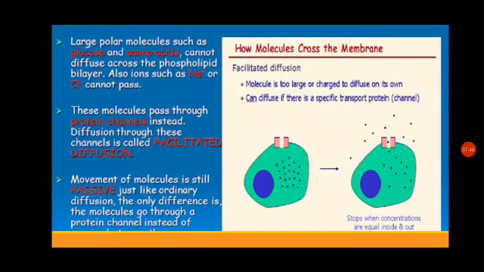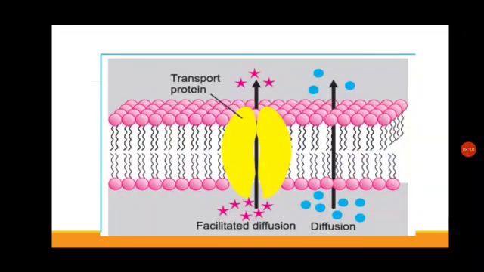So there are channels like sodium and chlorine channels, and there are some proteins as well, and these proteins can carry the molecules from outside to inside or from inside to outside. The movement of the molecule is still passive because there is no expenditure of energy.